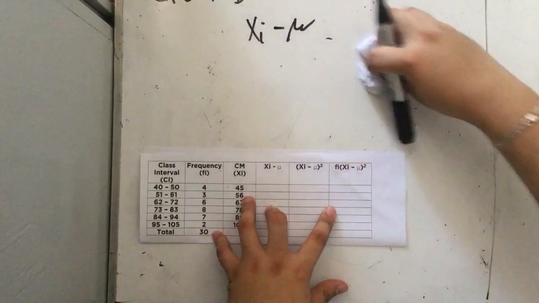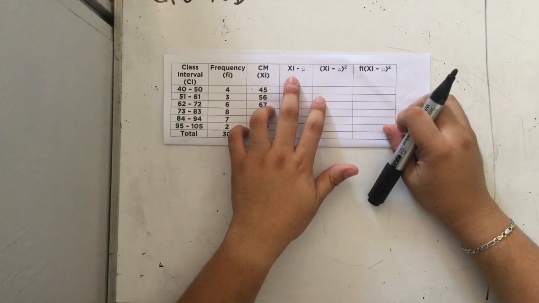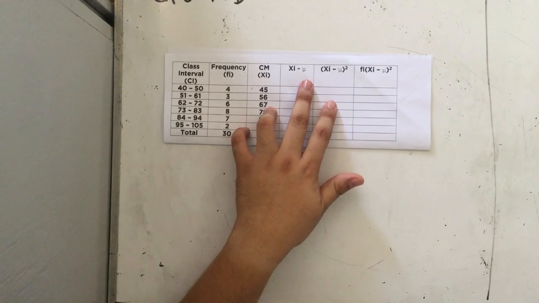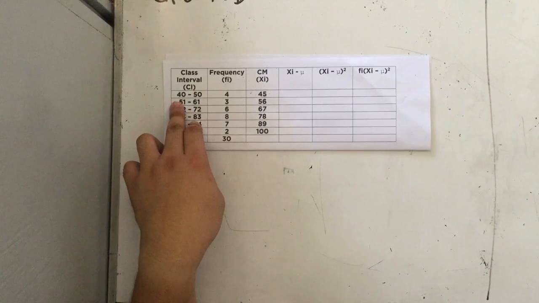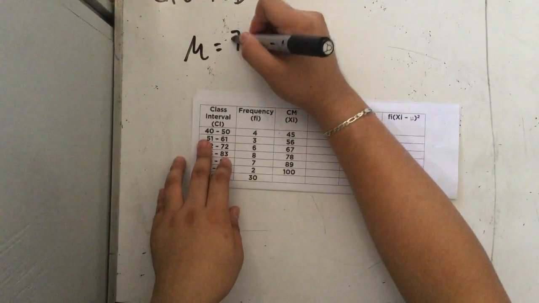So first, we have x sub I minus our mean. So from the previous video, we already computed the mean of this data. So actually, yung mean natin dito is equal to 73.23.